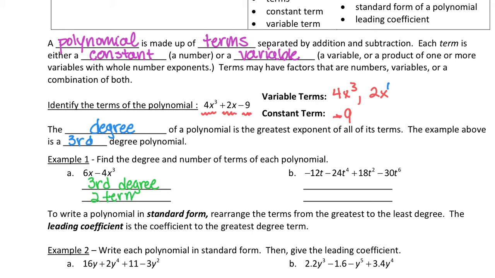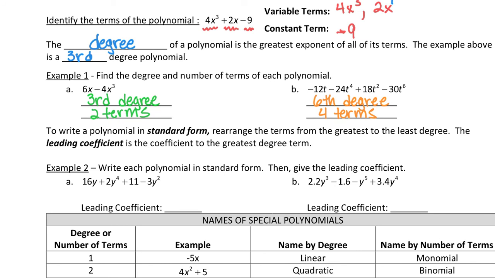And we're going to talk about the words we use for the number of terms. In our next one, what's the highest exponent here? So hopefully you recognize that this was a 6th degree. My highest exponent was 6. 6th degree polynomial with 4 terms. 1, 2, 3, 4 terms.